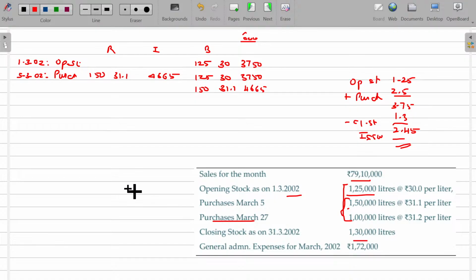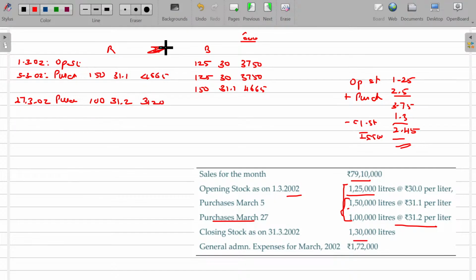Again we have one more purchase on 27th March 2002: 100,000 liters at rupees 31.2. The overall amount we spent here being how much? 3,120.